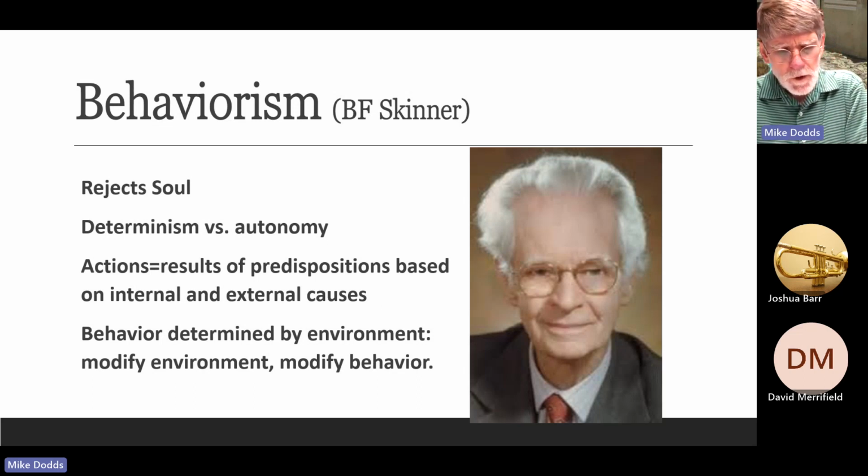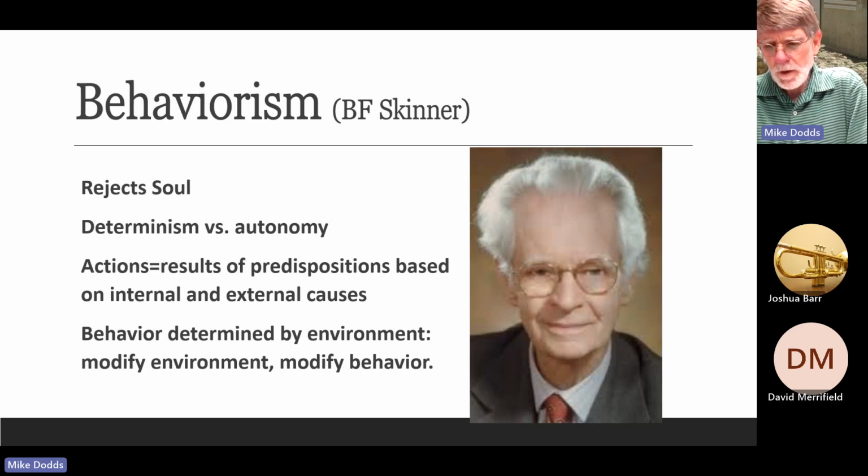So I want to understand what my actions were caused by. What happened? The actions are the results of predispositions based on internal or external causes. You could say even genetically, as well as behaviorally, from the womb, he would talk about. There's some sense to this.